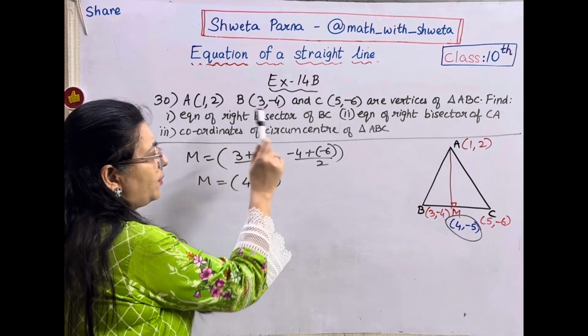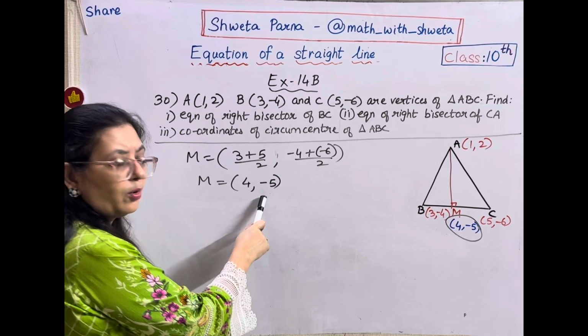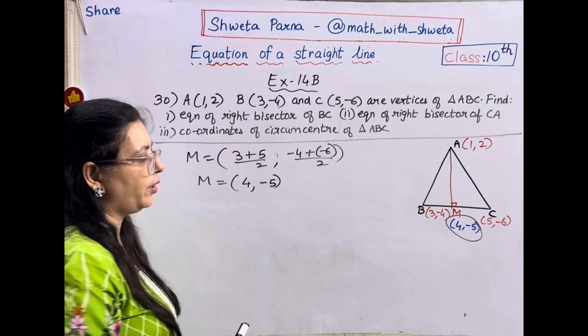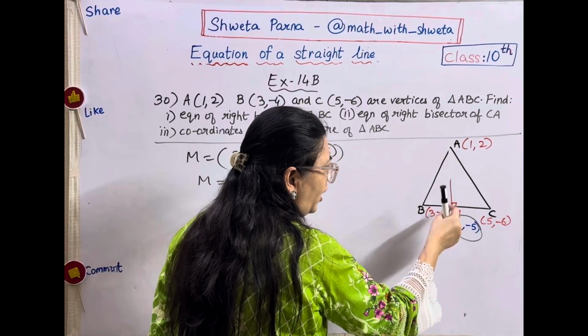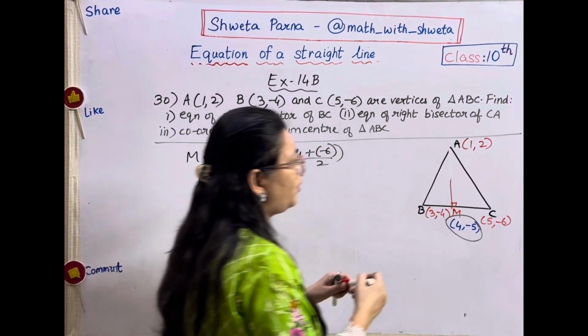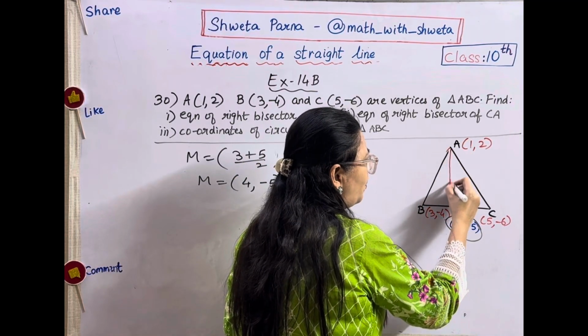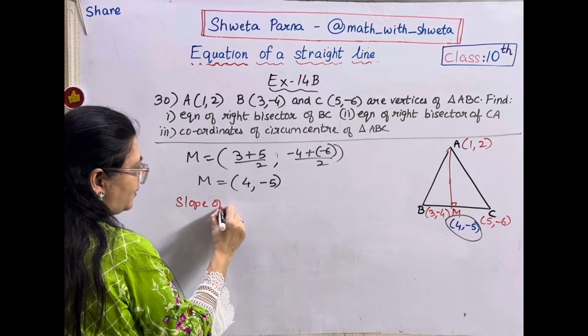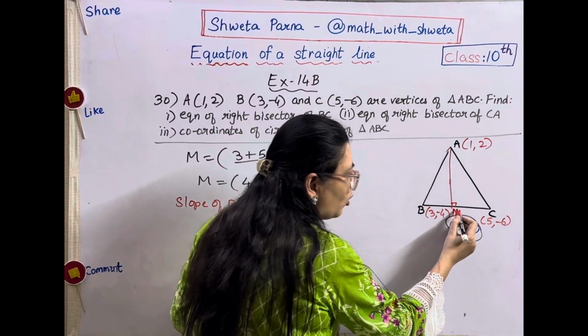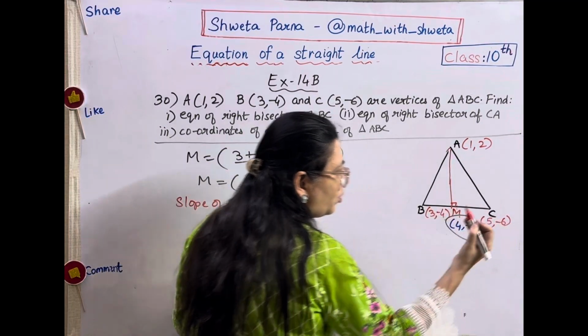Now it is a right bisector. According to the bisector, you have found the coordinate. Now we are assuming that it goes through point A. So first we will find the slope of BC. Why slope of BC? Because the right bisector through M is perpendicular to BC.